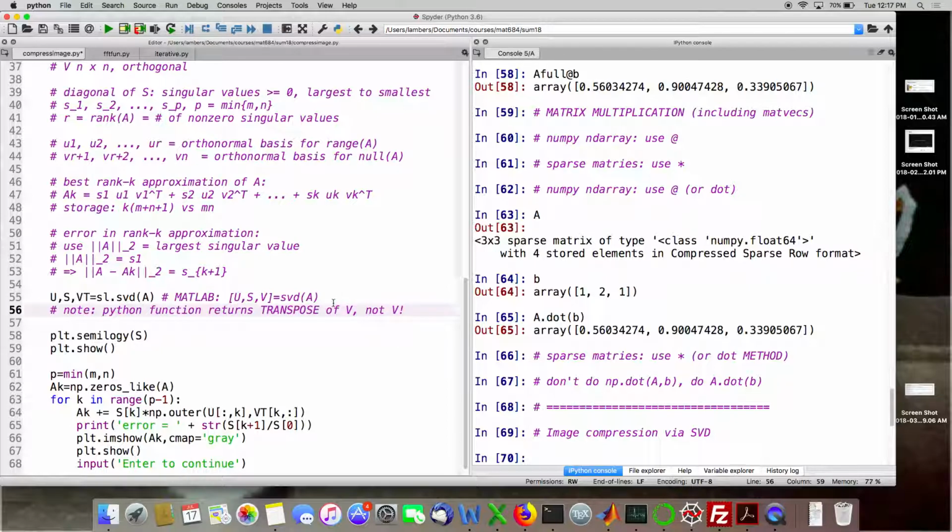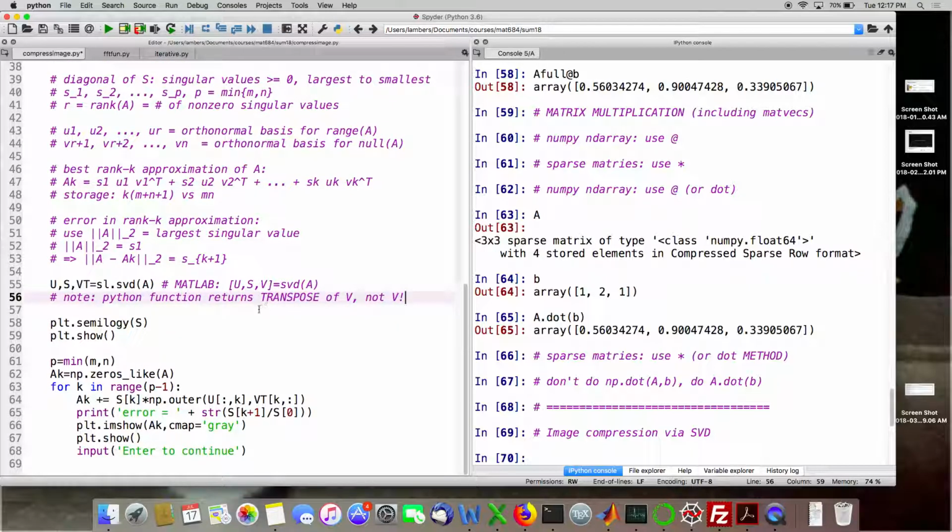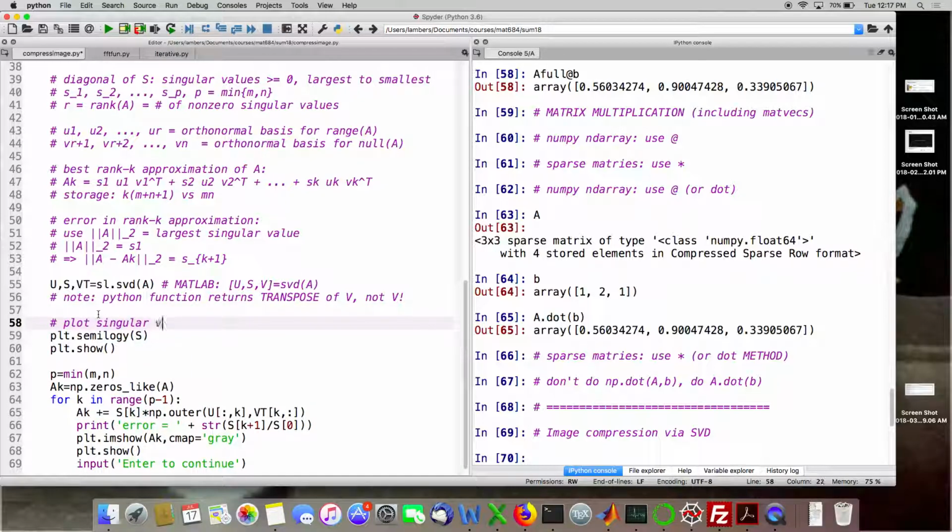Okay. All right. So now that I have a singular value decomposition, I want to plot the singular values on a logarithmic scale. I want to get an idea of how rapidly they decay to 0. That would give me an idea of how many terms I actually need to keep.